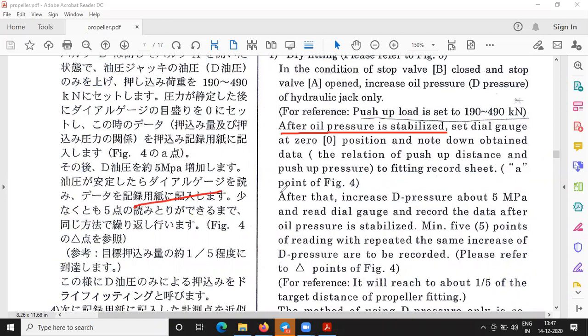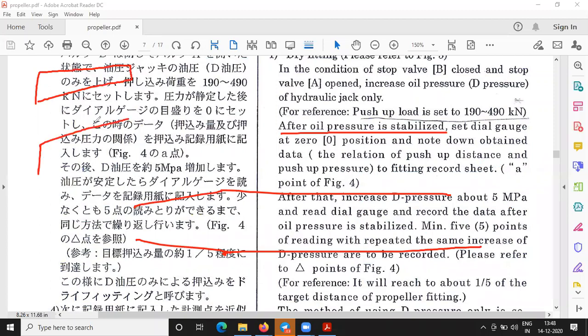Okay, I'll explain one more time. This is a tapered portion. When another tapered portion enters it, this is another tapered portion.